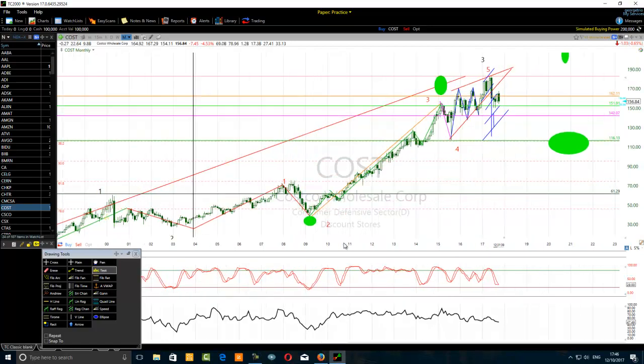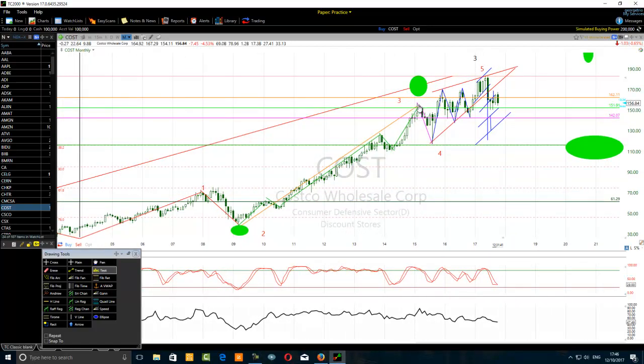The ending diagonal is a triangle that is formed during the fifth Elliott wave when the fifth wave is subdivided into 5 minor waves. Each minor wave is subdivided into 3.